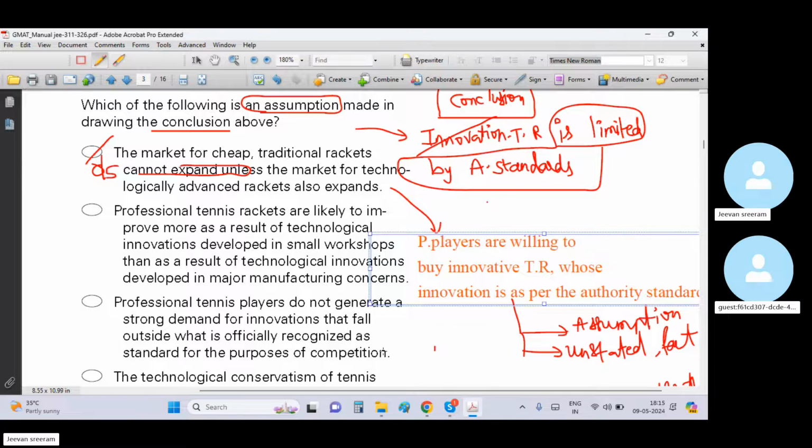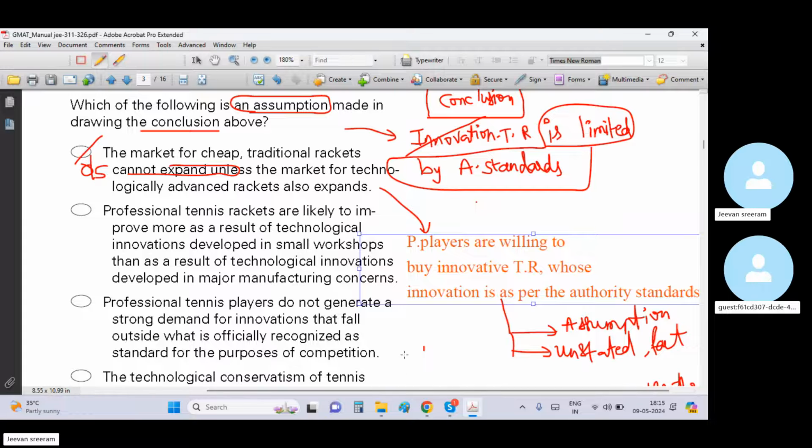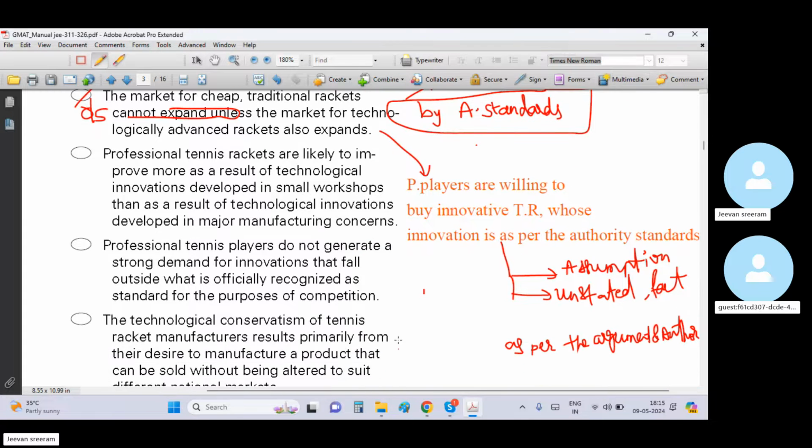Professional tennis rackets are likely to improve more as a result of technological innovations developed in small workshops than as a result of technological innovations developed in major manufacturing concerns. So there is a comparison I can see, right? More as a result of innovation developed in small workshops than as a result of major manufacturing concerns.